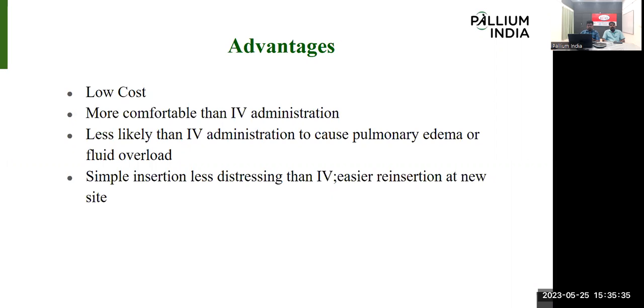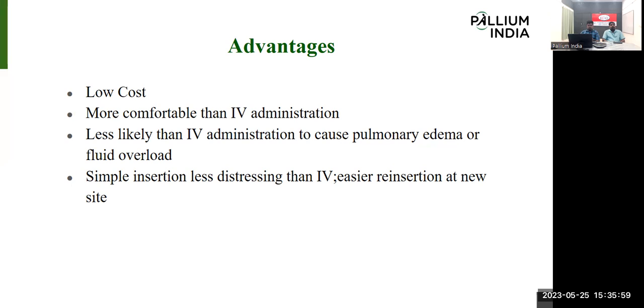But here, the SV set or butterfly cannula we use at the subcutaneous site costs only 18 rupees, or within 25 rupees. So this SV set is comparatively much cheaper than the IV cannula.